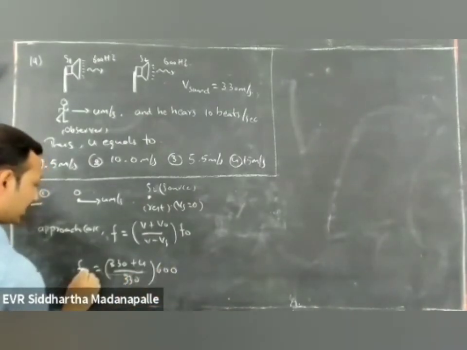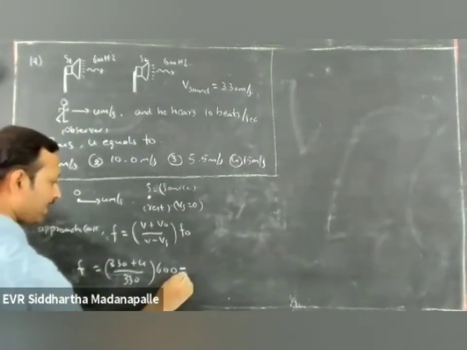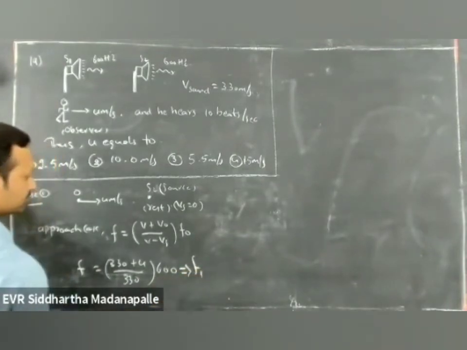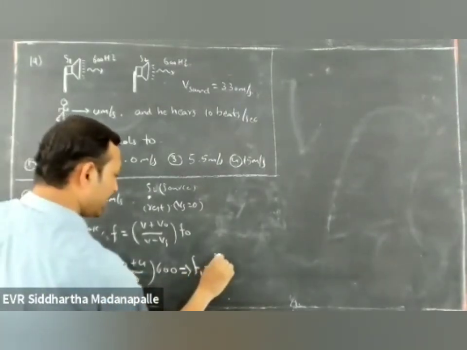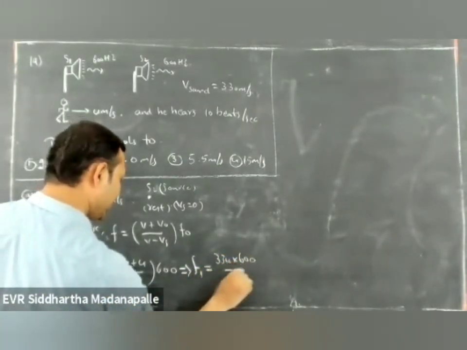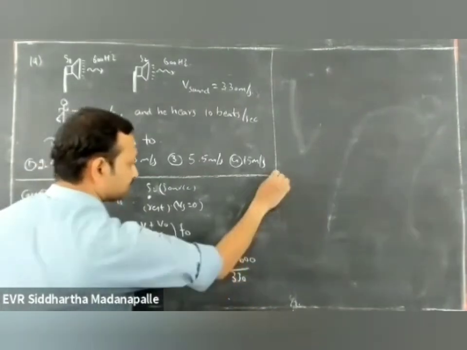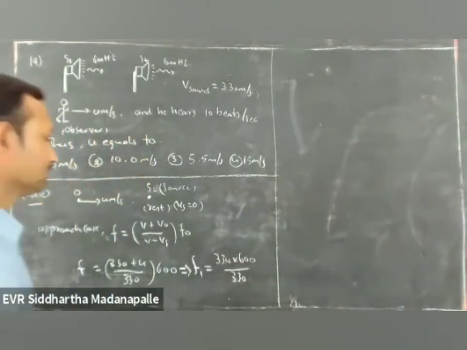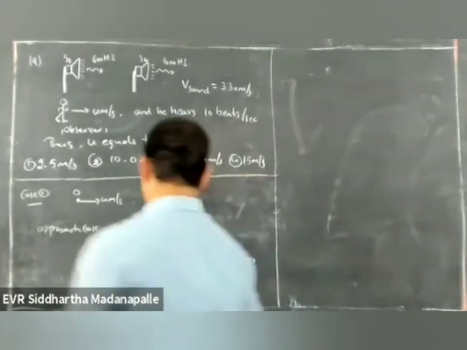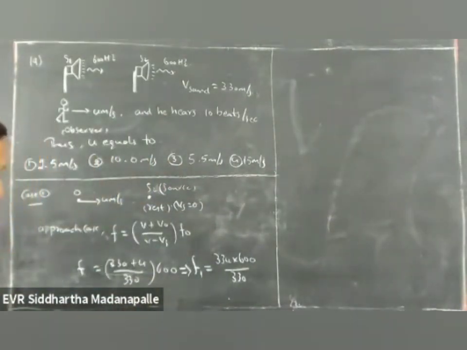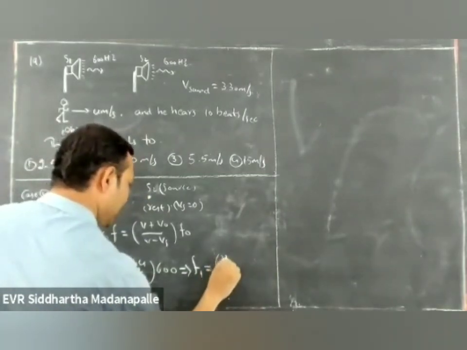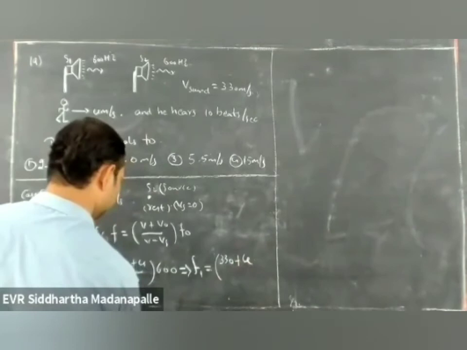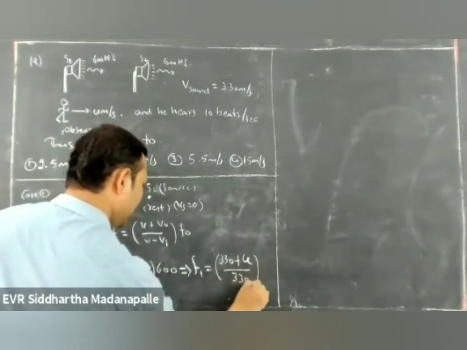Let us consider this as F1, which is equal to (330 plus u) by 330 into 600.